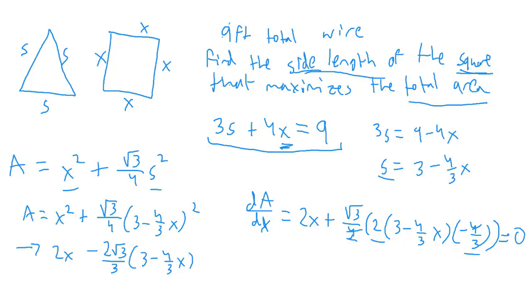And again, this still equals 0. Now we just distribute this 2 root 3 over 3 to our different parts right here. So we get 2x minus 2 root 3 plus 4/3 x equals 0. Therefore, we get 10/3 x minus 2√3 equals 0.